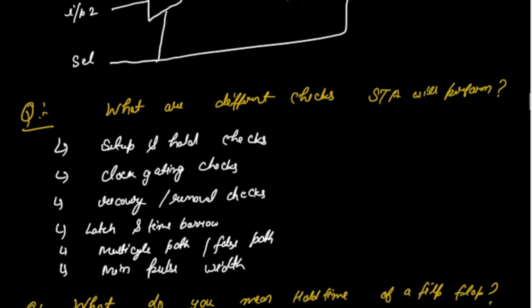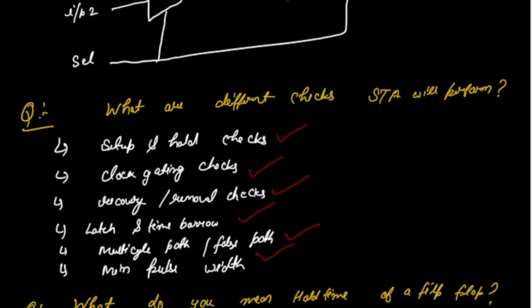Next question is, what are the different checks STA will perform? What kind of checks do we perform during STA? Setup and hold check, clock gating check, recovery and removal check, latch and time borrowing concept, critical path and false path, minimum pulse width.